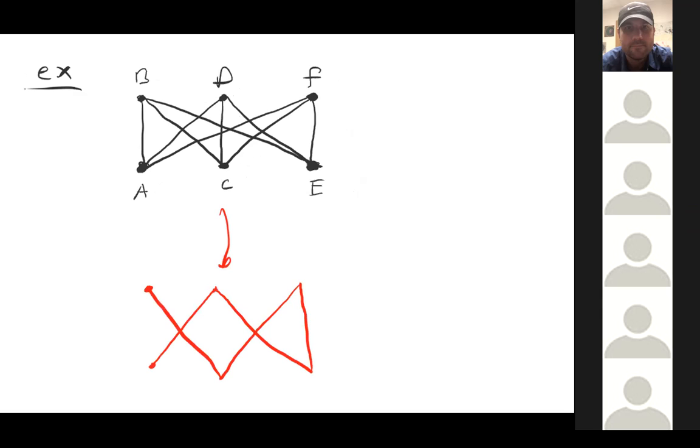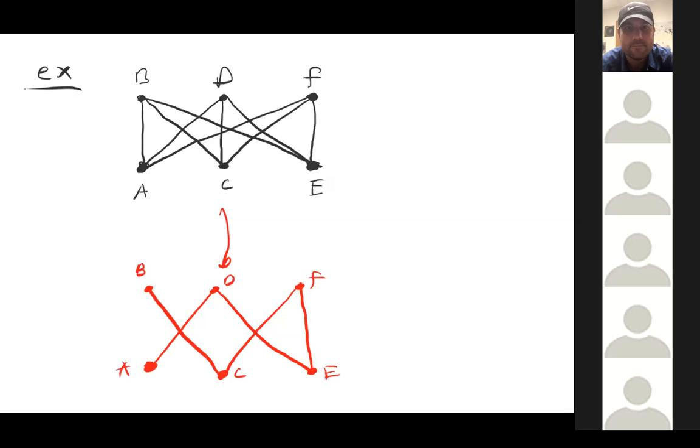That's okay because if you take a look, it might appear that there's circuits in there, guys, but you've got to be a little bit careful. With A, B, C, D, E, and F, there actually are no circuits.